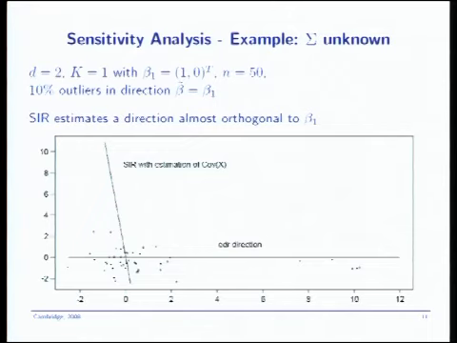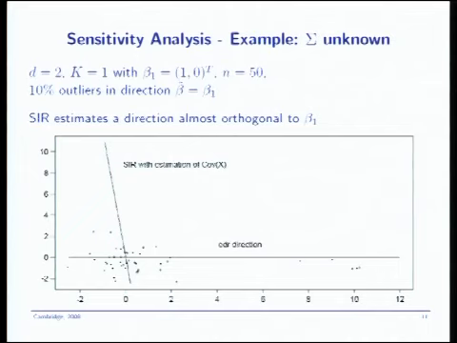So this is from simulations, and the high dimension D is only equal to 2 here. K is 1, the lower dimension is just 1, and say beta 1 is just the correct dimension reducing direction.